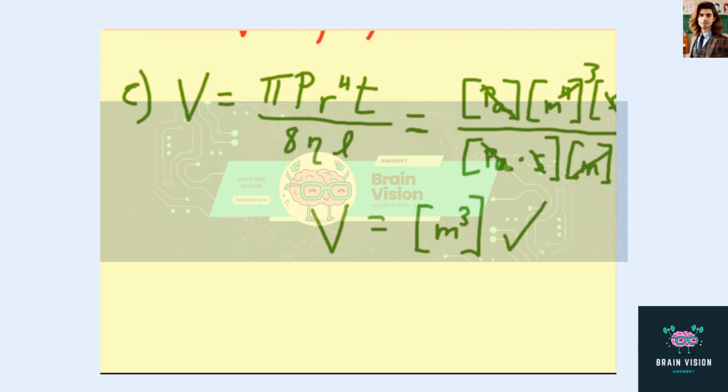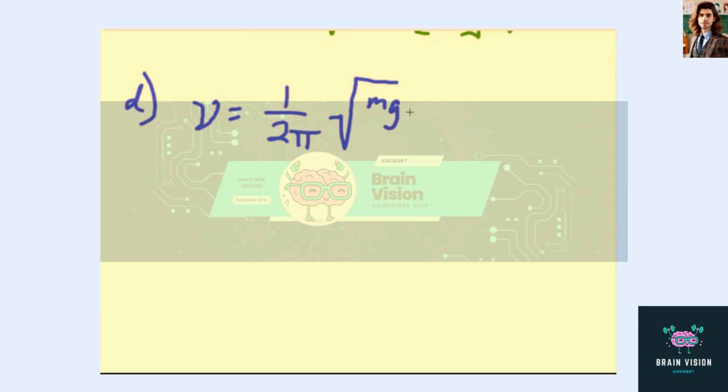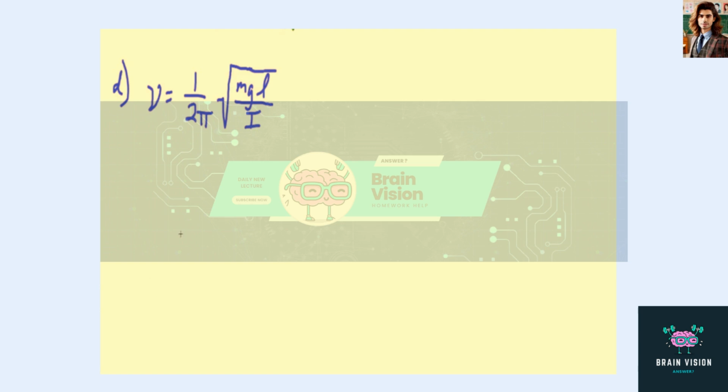And finally, moving on to our fourth example, d, we have again nu equals 1 over 2 pi square root of mgl over I. Again, 1 over 2 pi, no units there.